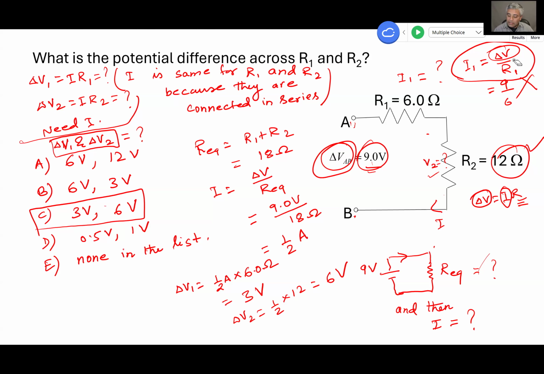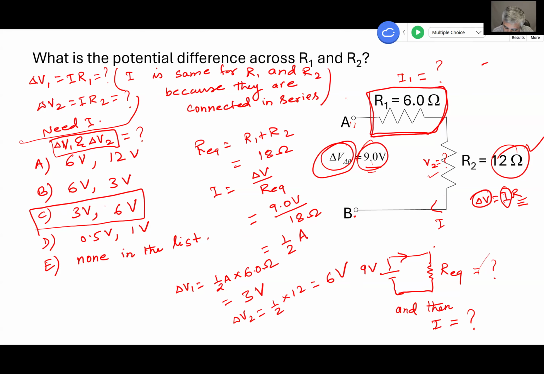Where you can use it: wherever you know the voltage right across that resistor, or when there is only one resistor in the circuit. That's when you can just use Ohm's law in one step. But if you have more than one, what happens? If they are in series, then of course you cannot do that at all.